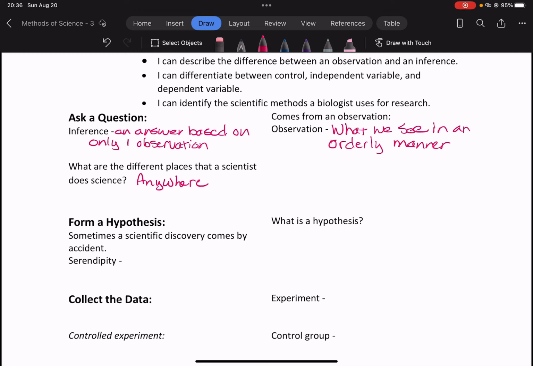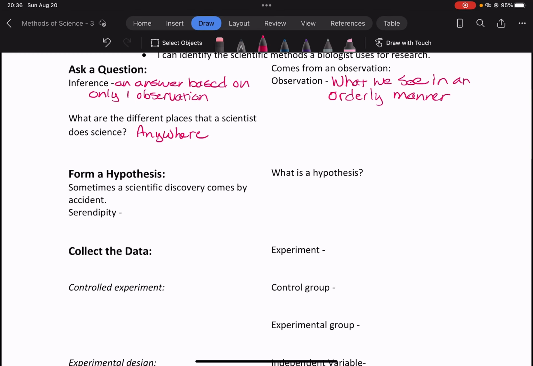I mean, literally anywhere. I can do observations outside, inside, in the woods, at the pool, wherever you are, you can do science. And based on what you see, you're collecting data from your eyesight, and you're making conclusions, making inferences about what's going on.